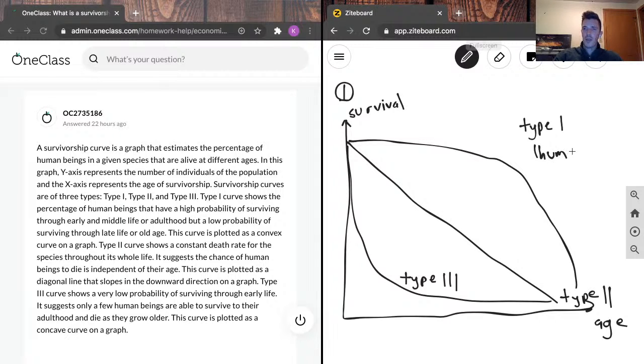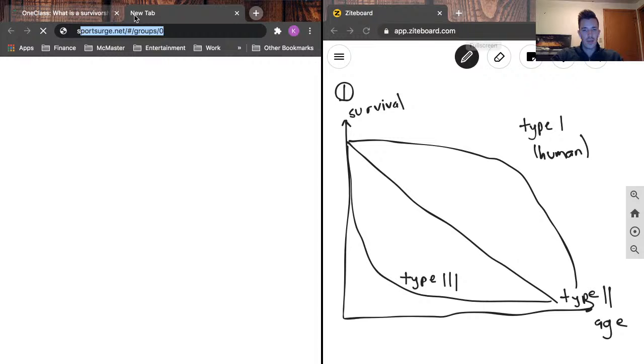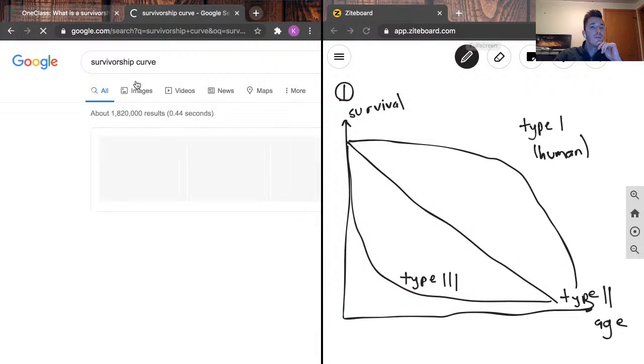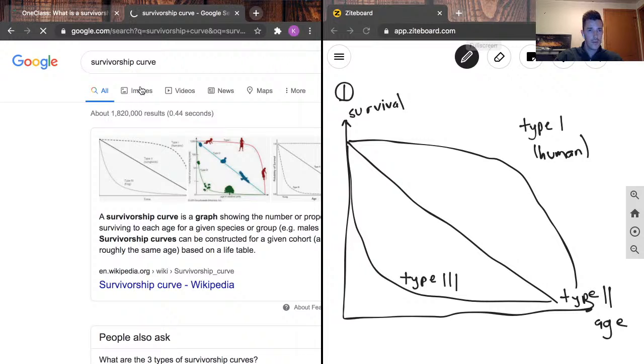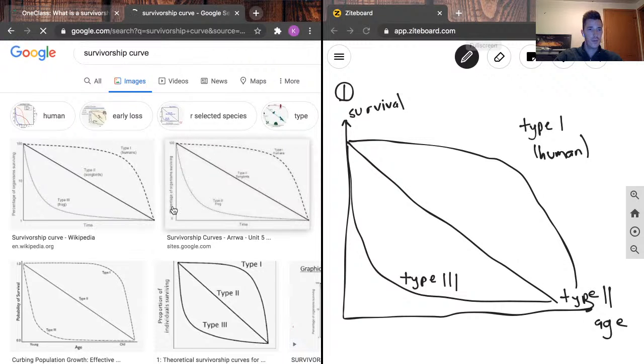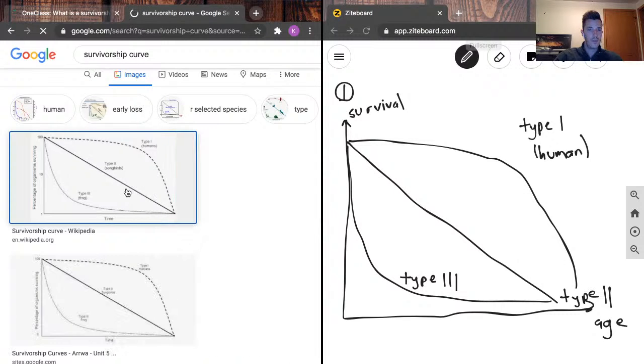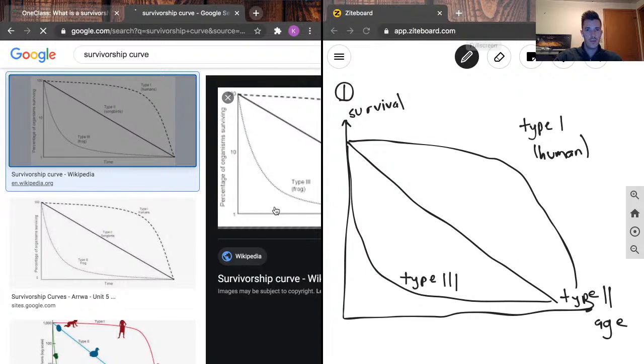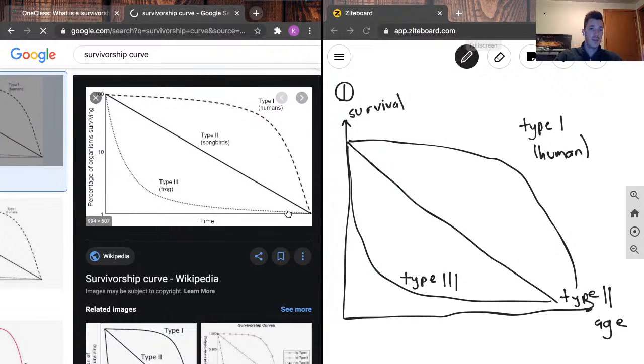I'm going to search up a couple of examples just to better describe type 2 and type 3 to you. So I'm going to say survivorship curve. Okay, so here's some examples of type 2 and type 3.